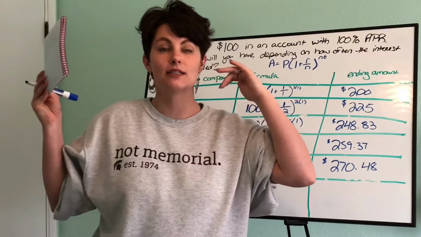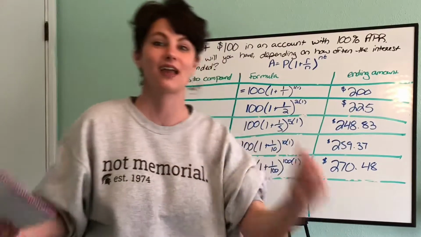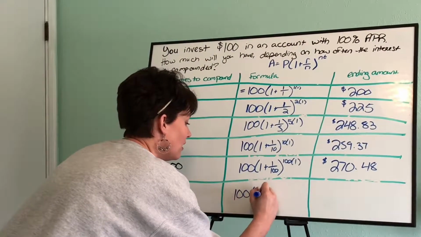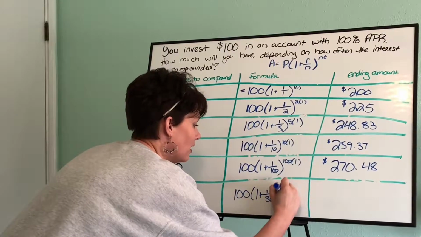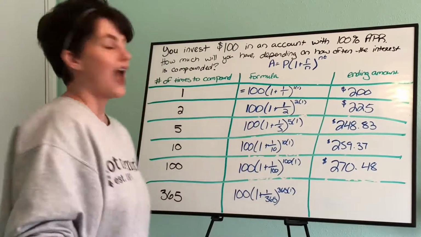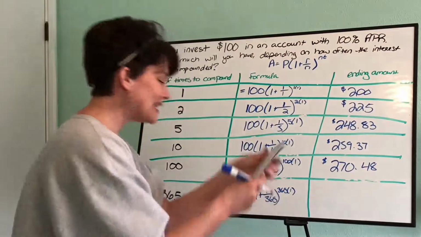I'm expecting this to be so much money. I'm so excited. Sign me up for this bank account. Here we go. Drum roll. How much money am I going to have?